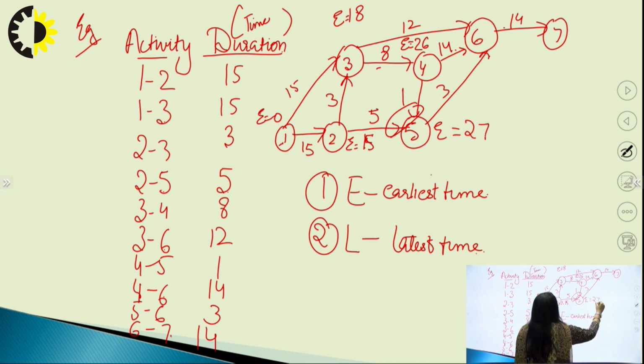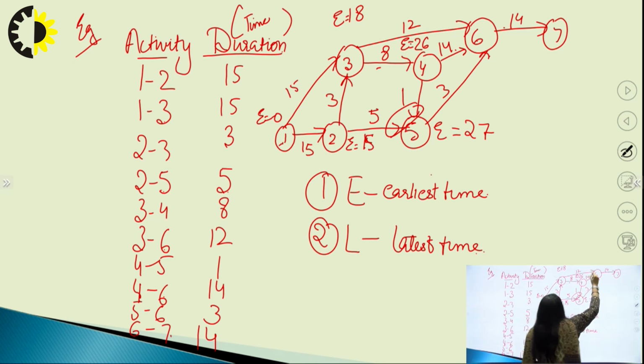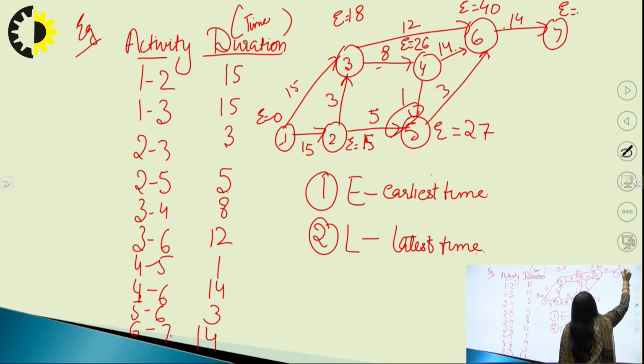So we have a 27 value. Now at 6, there are 3 nodes coming. That will be 18 plus 12 is 30, 26 plus 14 is 40, 27 plus 3 is 30. Maximum is 40. Similarly, at 7, E is equal to 54.